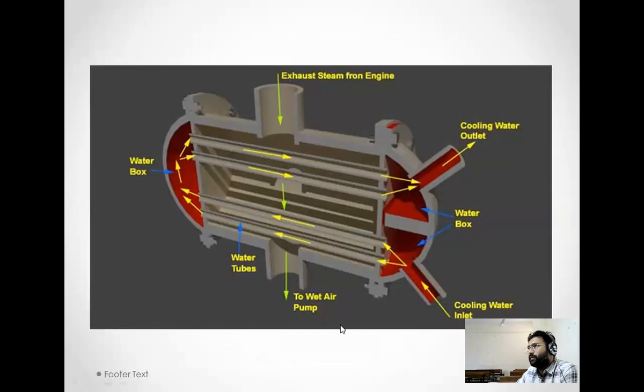This is the inlet and this is the outlet for water. Then this is the inlet for steam, correct? Steam passes over these pipes, heat transfer takes place, steam is condensed to water, and then we collect the water at the bottom. This is a cut section of a shell and tube condenser or a normal surface condenser.